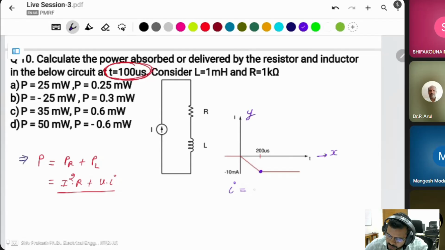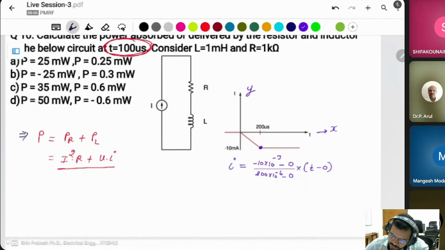Then y is equal to y2 minus y1, where y2 is minus 10 milliampere and y1 is equal to 0, divided by x2 minus x1, where x2 is 200 micro and x1 is 0, into x minus x1, where x1 is really 0. The 10 to the power minus 3 and minus 6, minus 3 will be cancelled out.